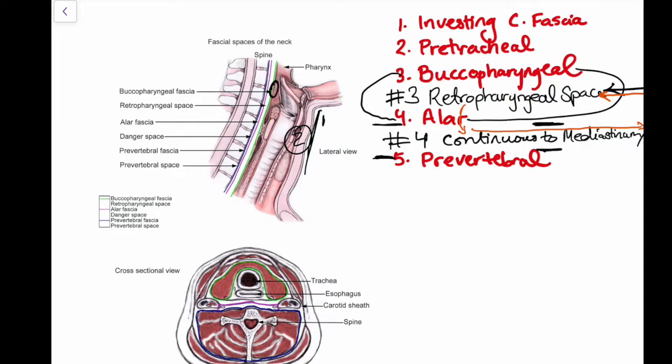After the buccopharyngeal fascia, in purple, we have the alar fascia, and between the buccopharyngeal and alar fascia we have the retropharyngeal space, number 3, which is continuous with the lateral pharyngeal space. These are both closed off, the buccopharyngeal and alar fascia, whereas the alar fascia and prevertebral are not closed off, and that makes danger space number 4.